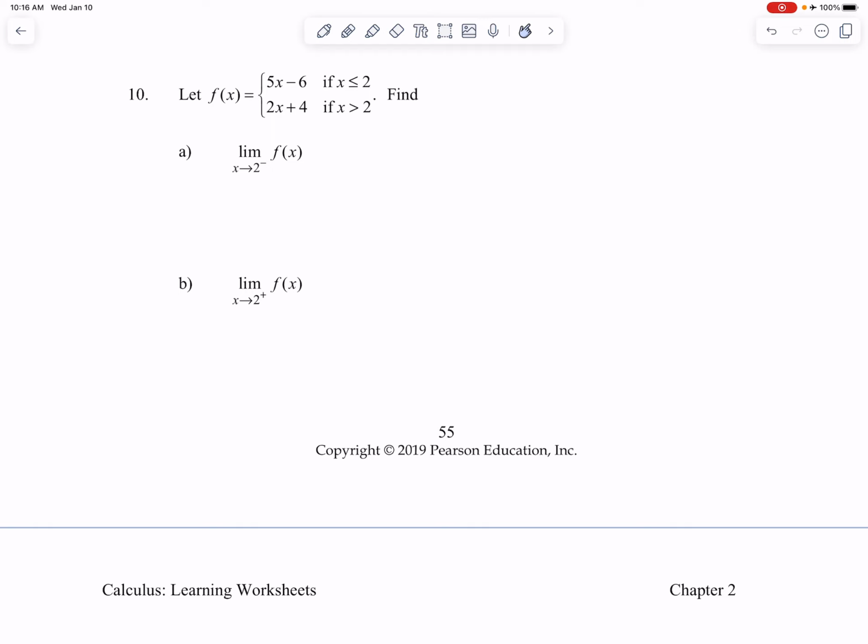f of x is 5x minus 6 if x is less than or equal to 2, and it's 2x plus 4 if x is greater than 2. Okay, so let's look at it. First, we're looking at the left-hand side, the limit of f of x as x goes to 2 from the left. So from the left-hand side, that is when our x is less than 2.